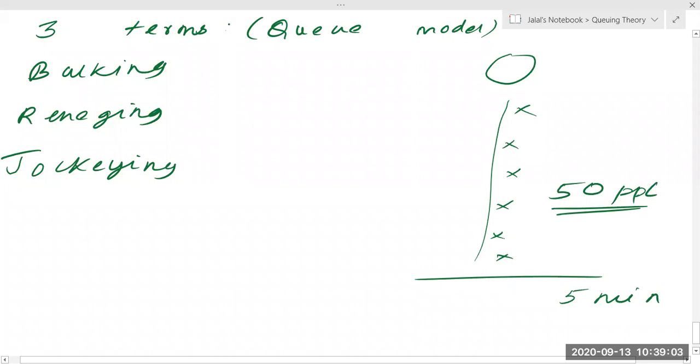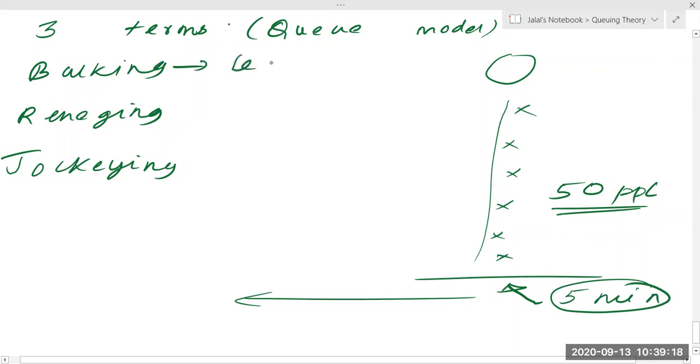You are just about to join the queue, but then you realize that you have only 5 minutes and your chance to get served will not come, and you leave the system without joining.